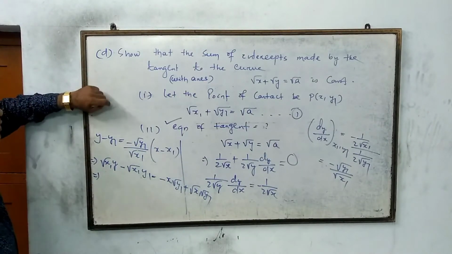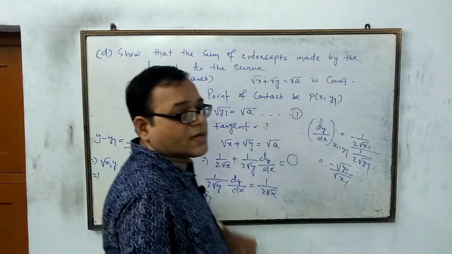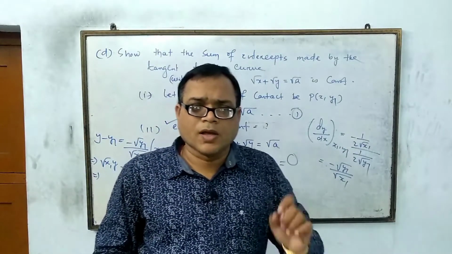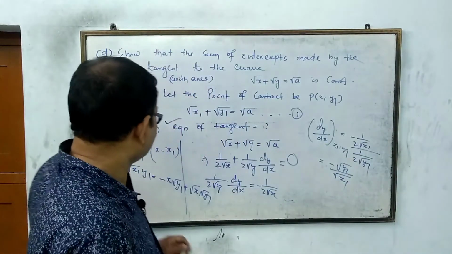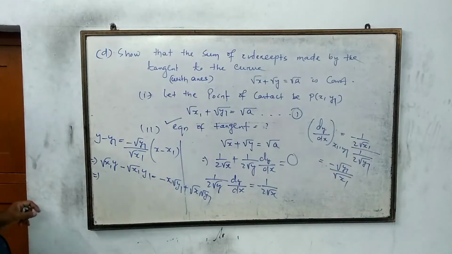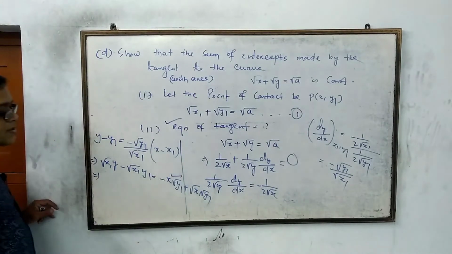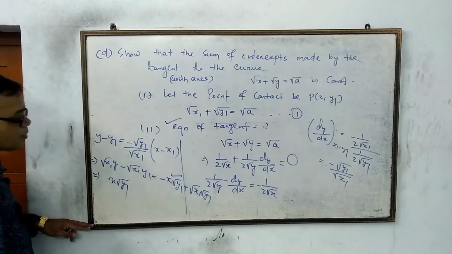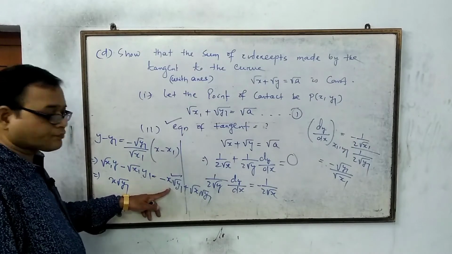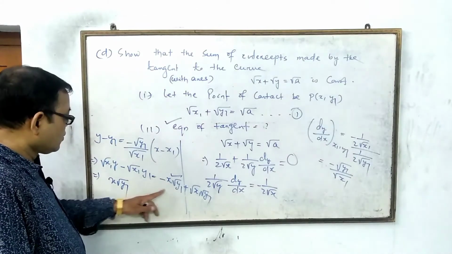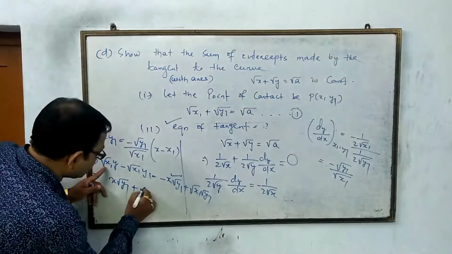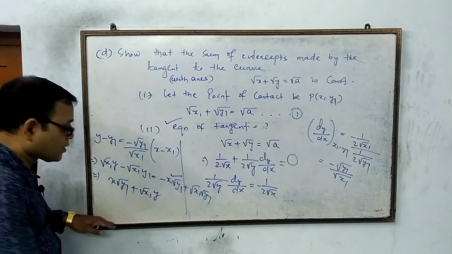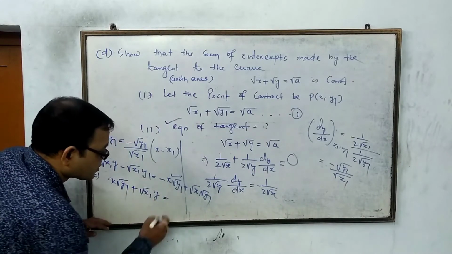Since the equation of tangent is a straight line, its equation will be obtained in terms of x, y and a constant. So here the x part is minus x root over y1, if it is transposed, x root over y1. Next, y would be here, root x1 into y. Then a constant would be there. So what is the constant?